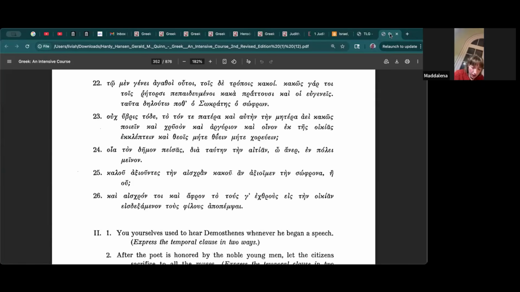We have to just identify what the conditional is then, right?